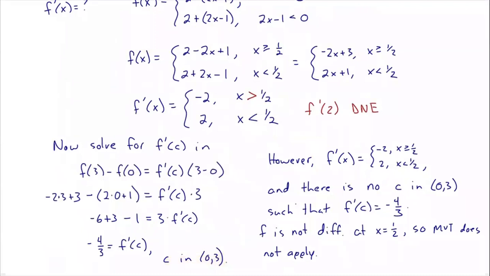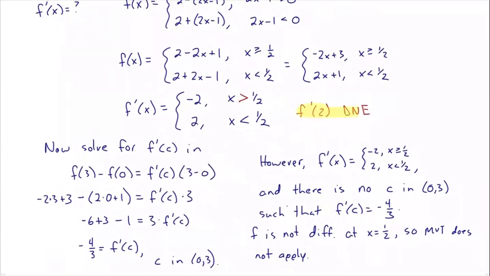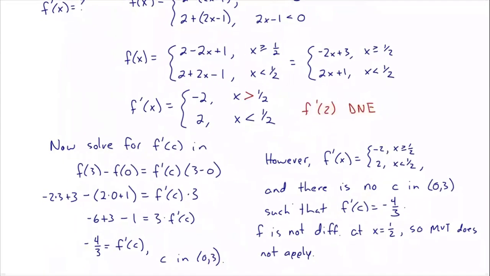Here's the problem. We just calculated f prime of x, right? So for one thing, it can't be c equals 2, because that derivative doesn't even exist. But that's not really the main issue here. The main thing we notice is this.